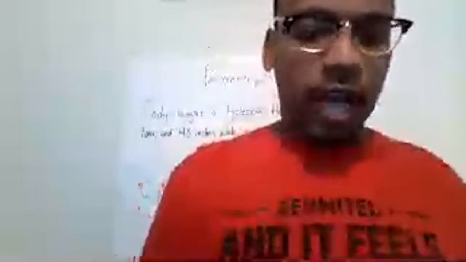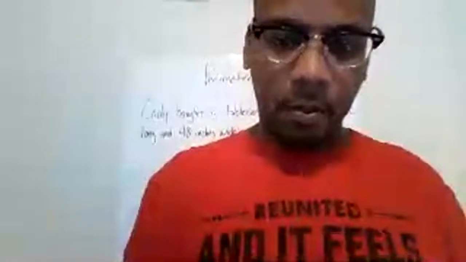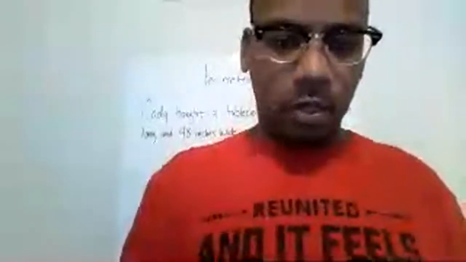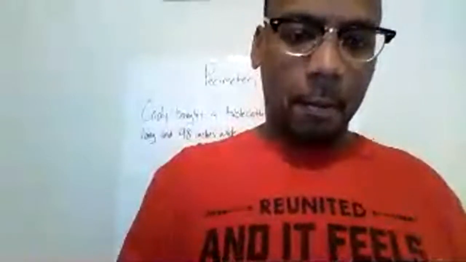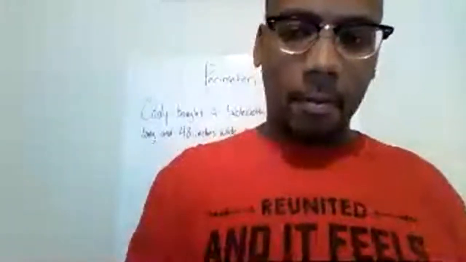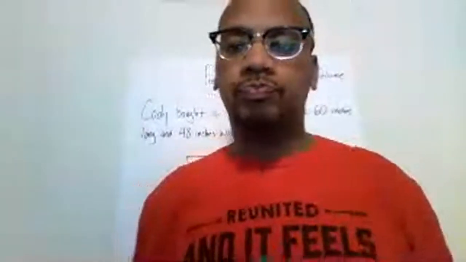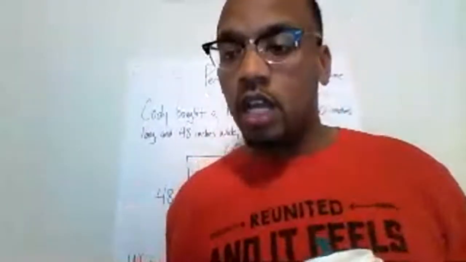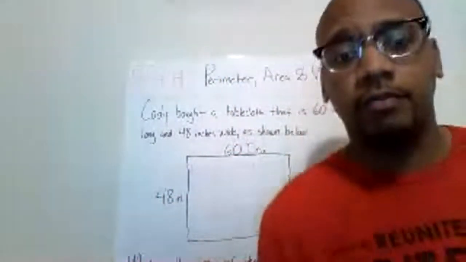Again, I'm gonna type in the I do problem. All right, ready to go? Page 90, number 2. That's the I do problem. We're gonna start off talking about Cody.